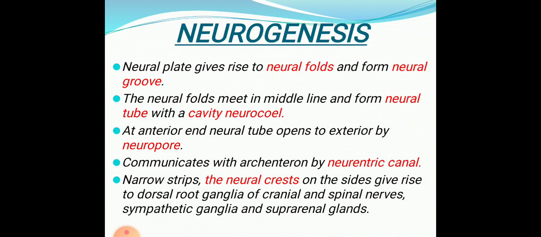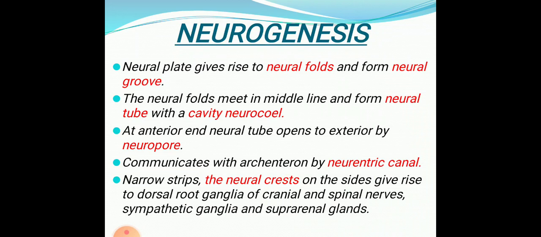These folds on two sides are continuous anteriorly to form the transverse neural fold. They enclose a shallow groove called the neural groove. That is what the first point explains.